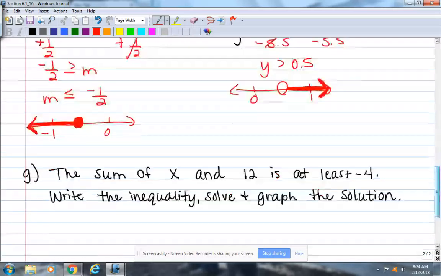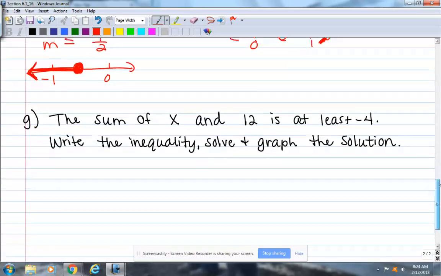All right. Here's this verbal expression that I was talking about. Write the first sentence. You don't have to write the direction. The sum of x and 12 is at least -4.